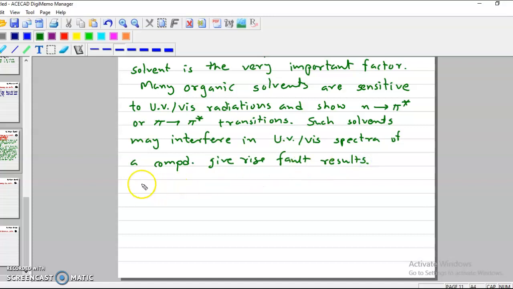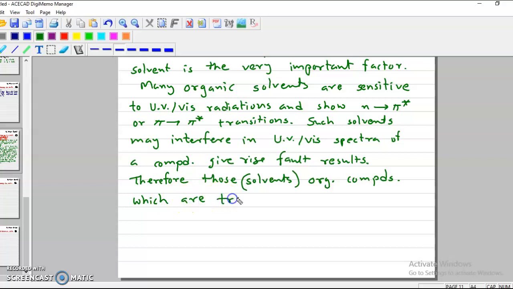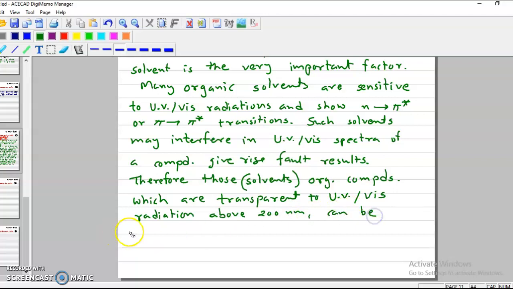Therefore, those solvents, or those organic compounds rather, which are transparent to UV visible radiations above 200 nanometer can be selected as solvent.